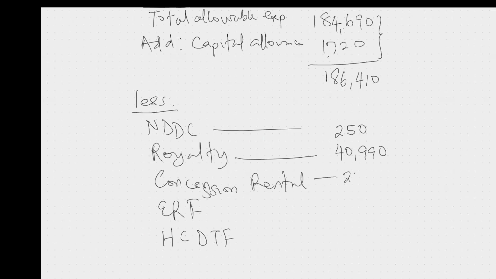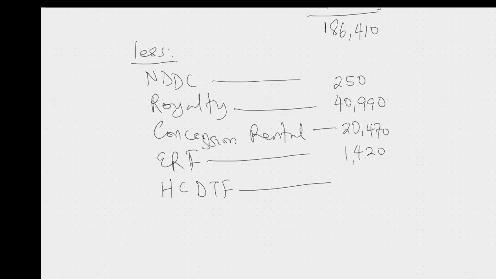Environmental remediation fund: 1,420. Host community development trust fund: 1,000. So all this, you are deducting it from this.